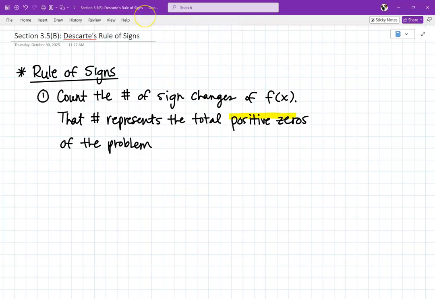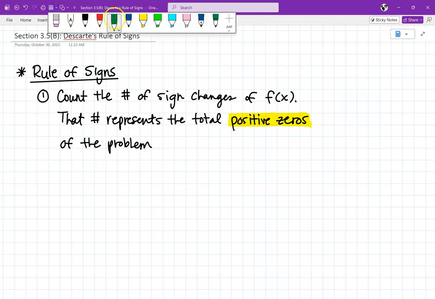So the positive zeros. So if I look at f of x and I count how many times it changes signs, let's say it's 3, then it represents the number of positive zeros, 3 positive zeros, okay, of that problem.